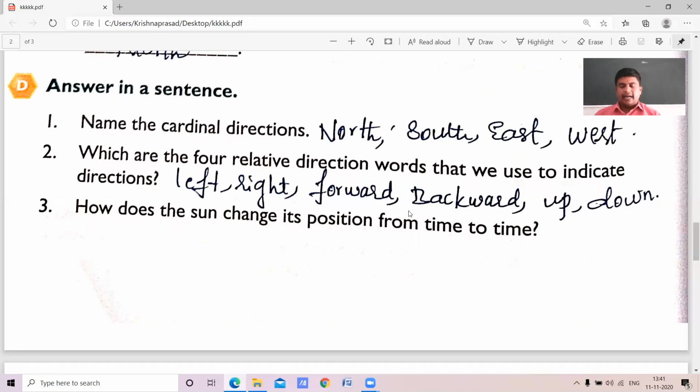Okay, continuing. In the evening, E-V-E-N-I-N-G, in the evening, the sun is to the west. The sun is to the west. This is the answer for how does the sun change its position from time to time.